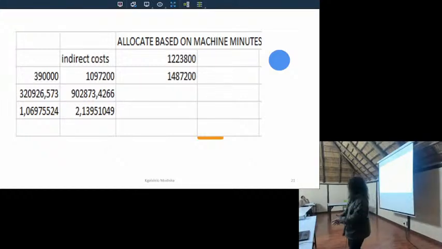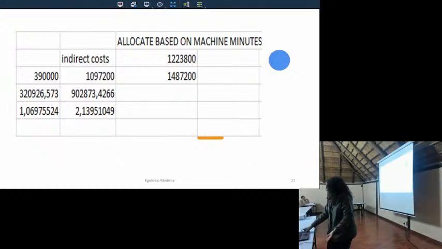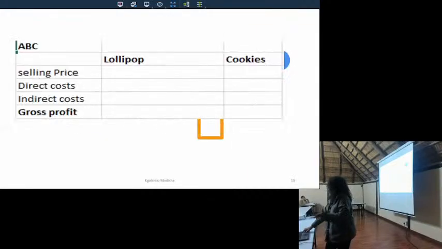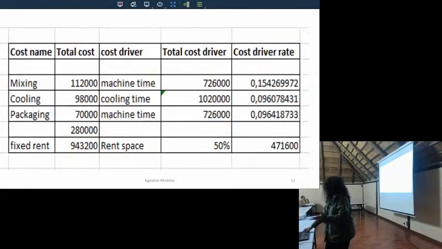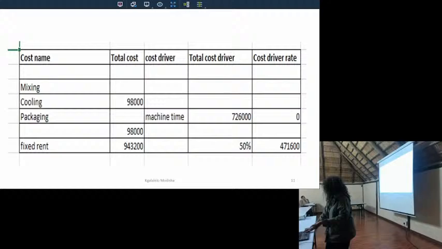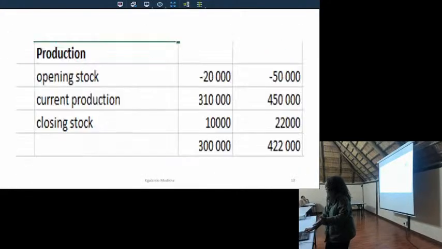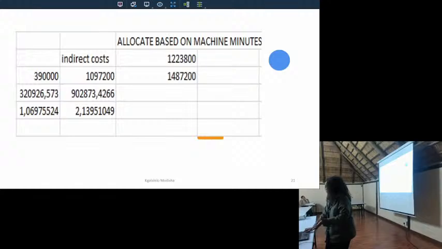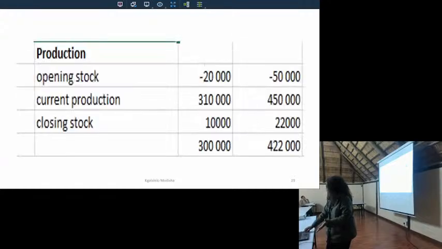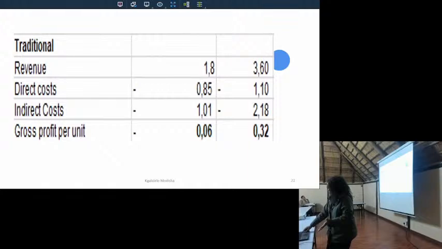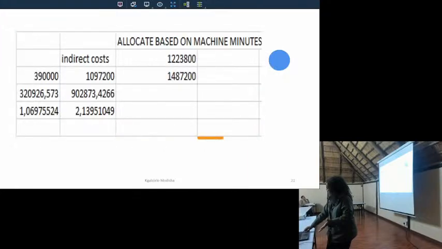How much time did lollipops need for machine time in general? 1.2. Yes. I know it's 3 here, but yeah.